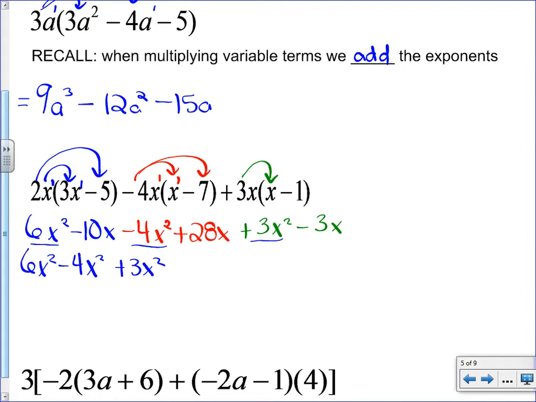So I wrote all my x squareds. So what comes next? Good.